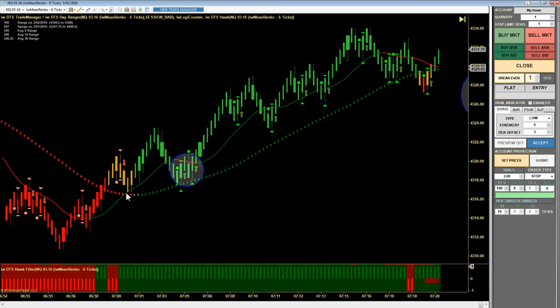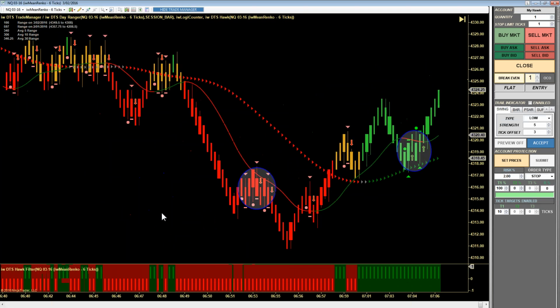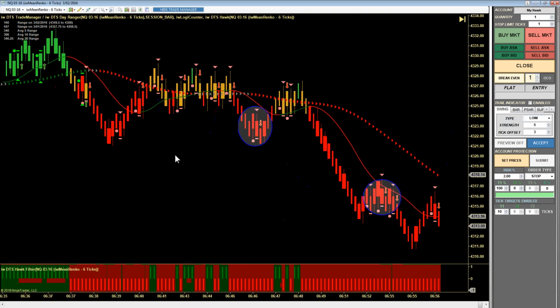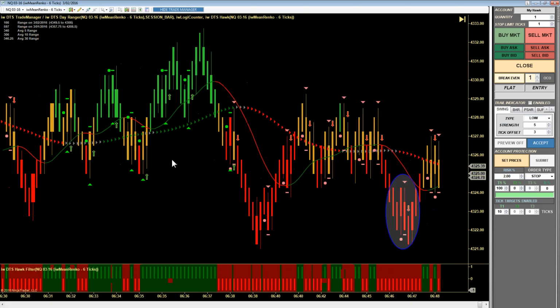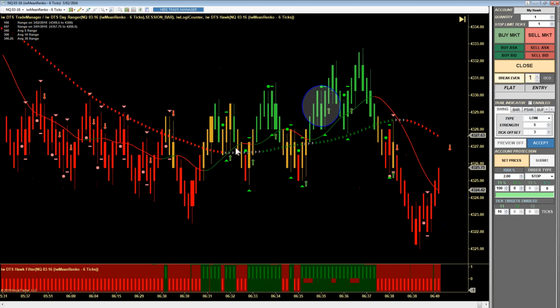There's 3 signals. There's 4 signals. There's 5 signals. This one gave you a little bit of heat, but again, as long as you didn't jam your stop in right here, you would have rode out that little bit of a swing. Did this one hit its profit target? That one's right out of the open.